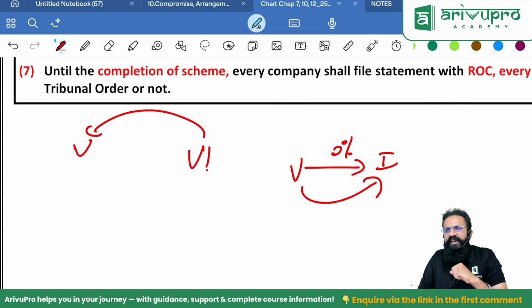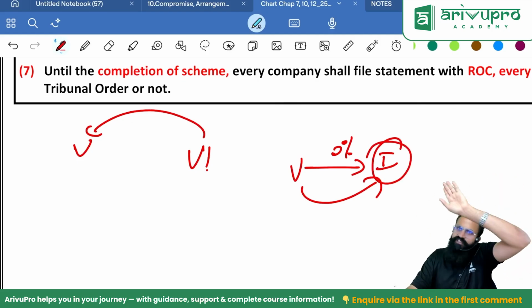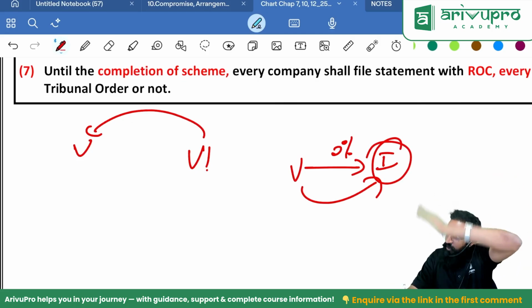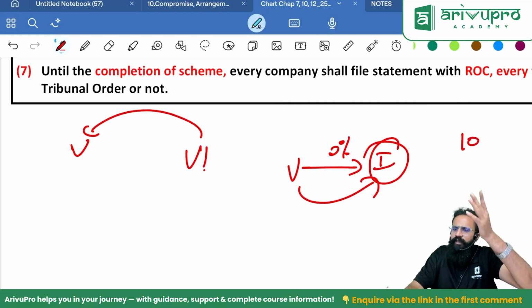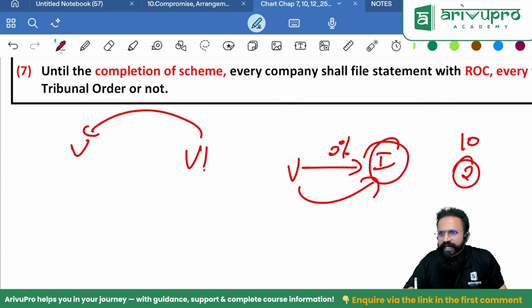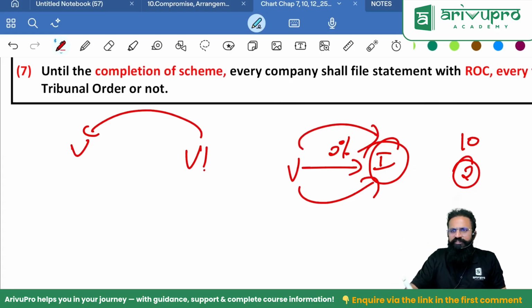So what are we deciding to give? We are deciding to give equity shares to all the shareholders, whoever were the shareholders of Idea. If you were a shareholder before, you will become a shareholder after also, but the proportion will change. If you had 10 shares in Idea, probably you will get 2 shares in new Vodafone Idea. Now who all were shareholders in Idea? Vodafone was also a shareholder in Idea.